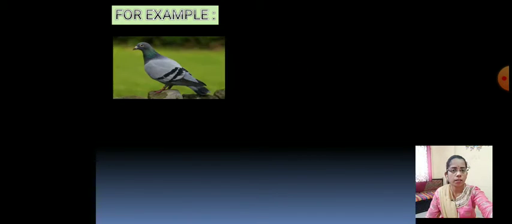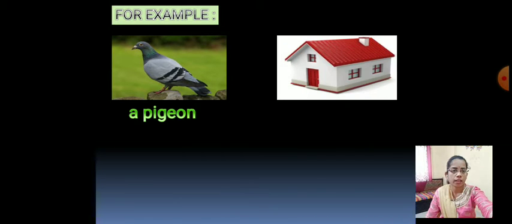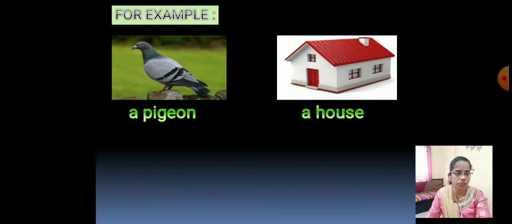For example, a pigeon. The P starts with a consonant, so we use a as the article. Second one, a house. Here also H is a consonant.